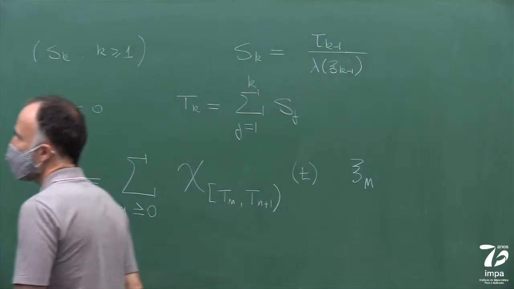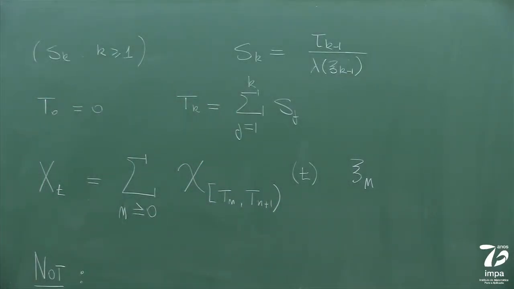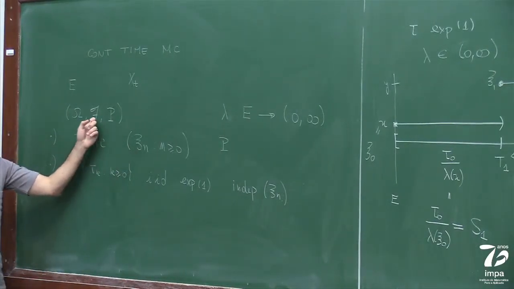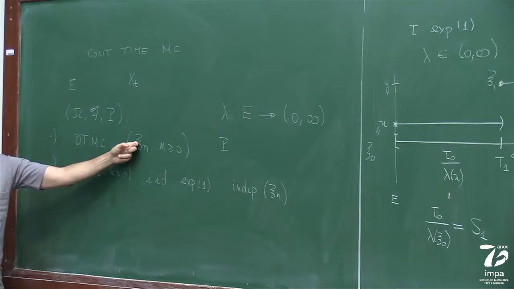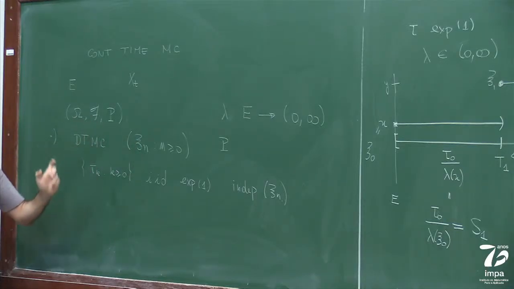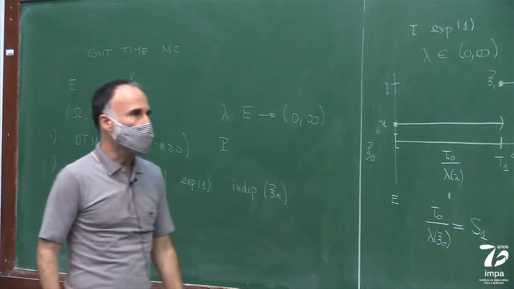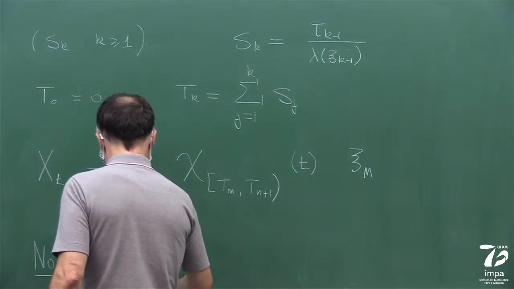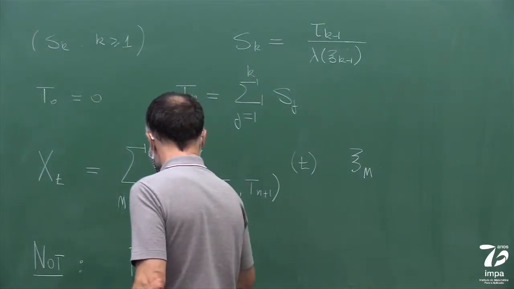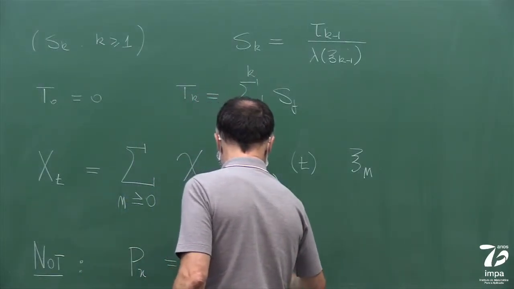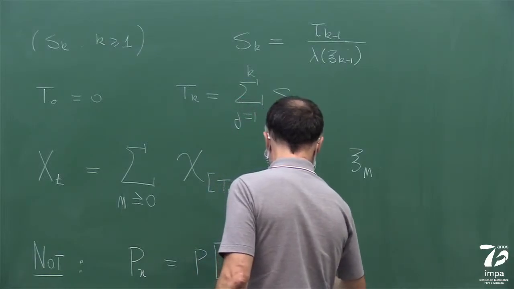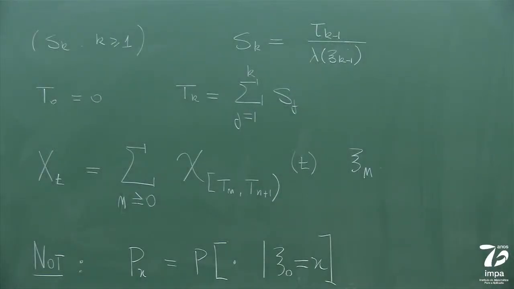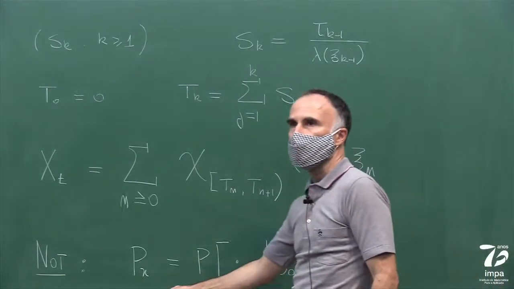The first one: I have here, as I said, a probability. I'm assuming, though I didn't say it, that all these variables are F measurable. So psi and tau are F measurable. P is a probability, so now P_x will represent the probability P conditioned on psi 0 being equal to x, so that I'm starting at x. So this is the process which starts at x.